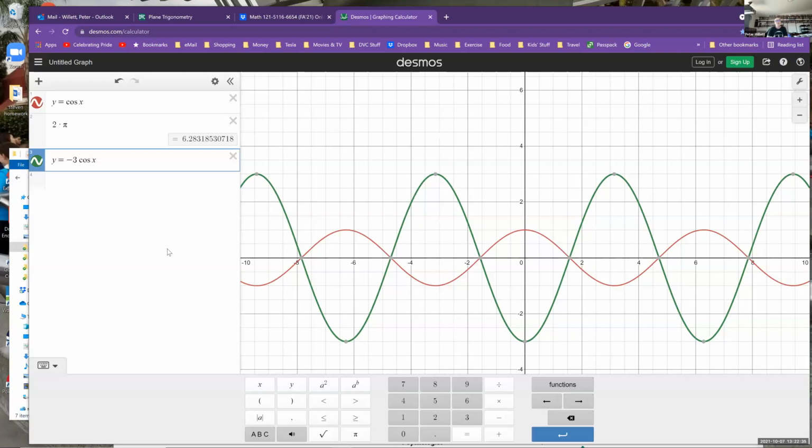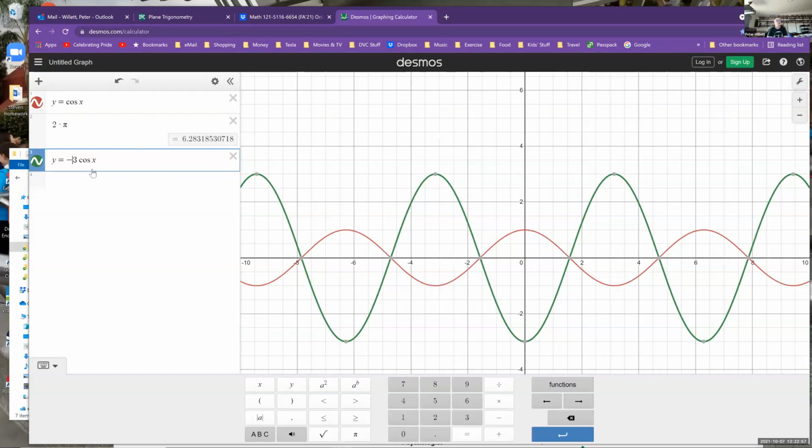So questions about this idea of the number out front multiplying a trig function being something called the amplitude? They could show you a graph of one of these trig functions and ask you to identify the amplitude.